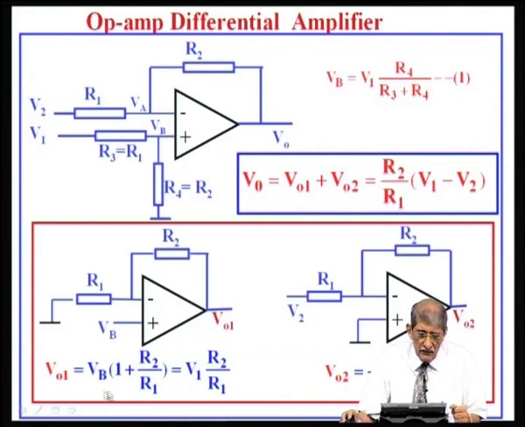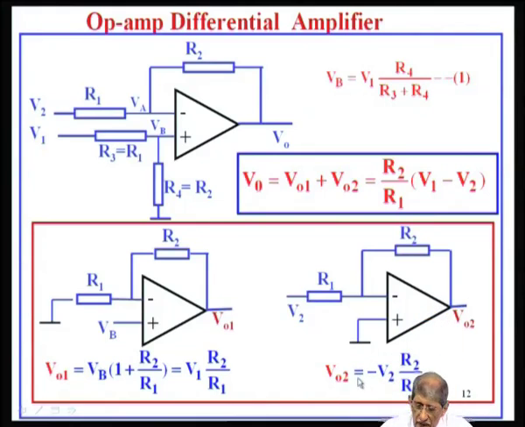So, V naught 1 is equal to V 1 into R 2 by R 1, because V b is simplified now using this relation. So, V naught 1 is related to V 1 by R 2 by R 1 with the other signal not there in this amplifier. Okay.